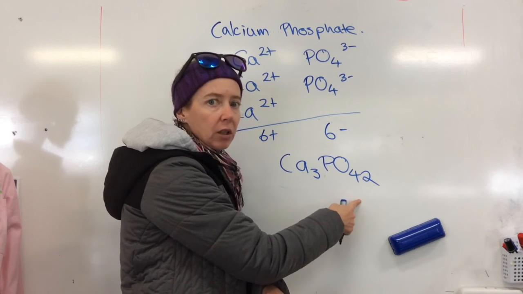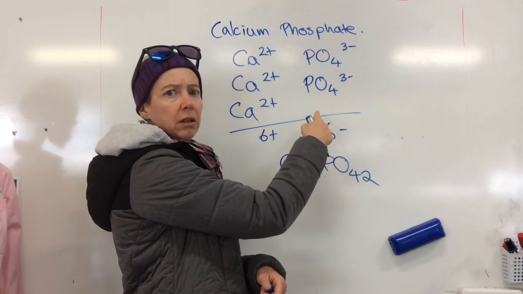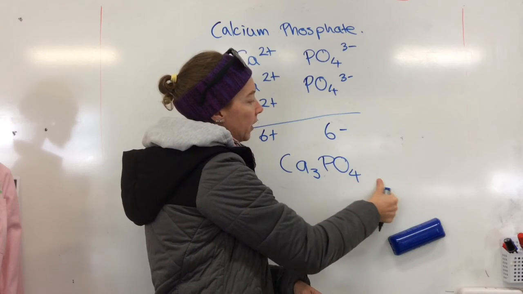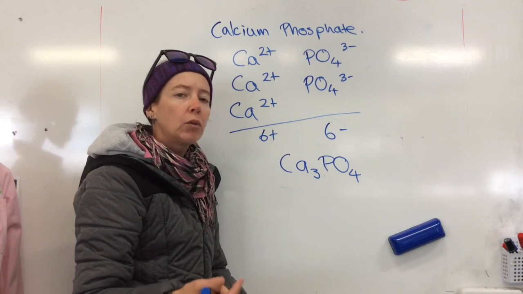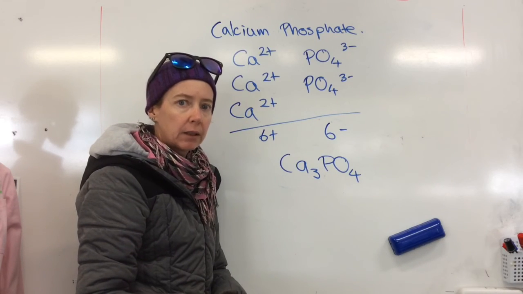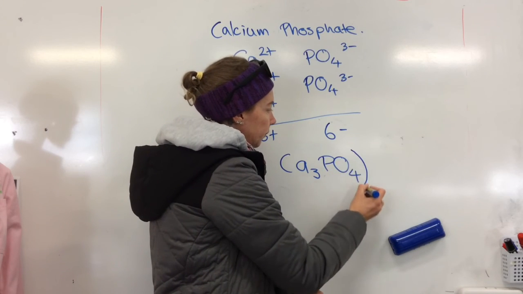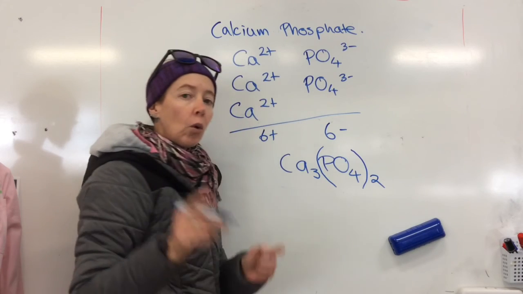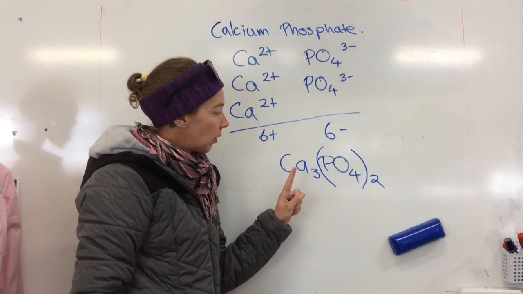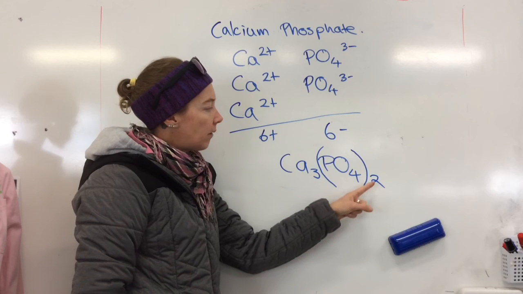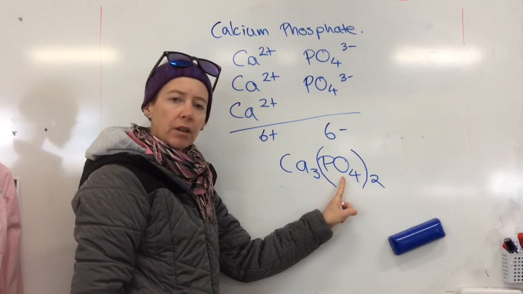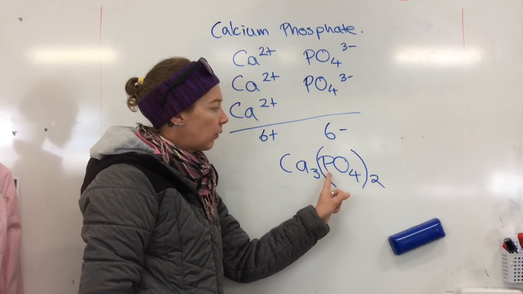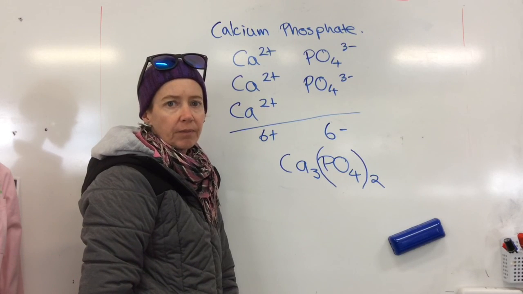I don't have 42. I've got 8. What you need to do when you're using polyatomic ions, a lot of the time you'll need to use a bracket. What that now tells me, I've got 3 calciums, I have 2 lots of the phosphate ion. And if I wanted to count up the atoms, I've got 2 phosphorus and I've got 8 oxygens.